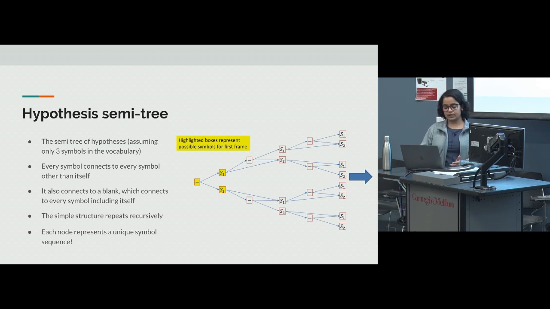That is, when S1 is connected to S1, there would be a blank between the 2 symbols. You can easily identify a very simple structure in this tree that gets repeated recursively. The key thing to keep in mind is that in this semi-tree, each node represents a unique symbol sequence.